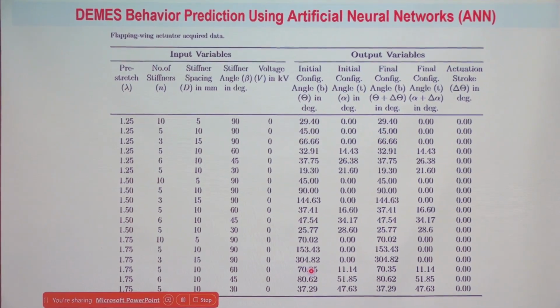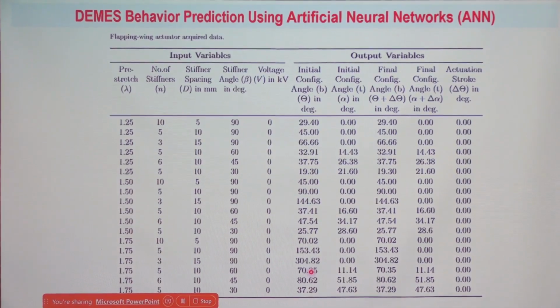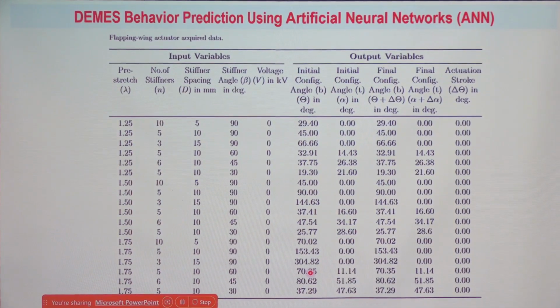Keep some data for the testing, keep some data for the validation, and keep some data for the training. For training you have to give 80% of the data. Most of the data is required for training. For the validation, you can keep the experimental part, because we are saying now experimental will be the exact one. So for training, we are going to use most of the data that we have with us. For validation, we keep some data. For testing, we have to give some data.